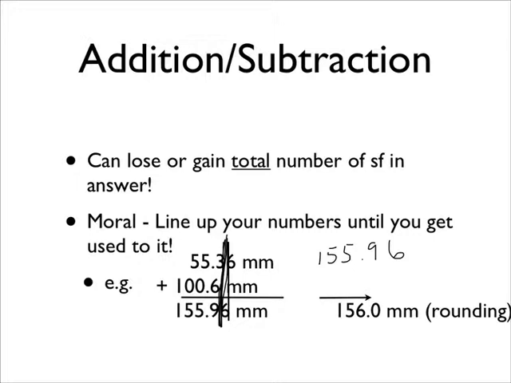Now, when we round that 6, what happens? Round up, the 9 becomes a 10, so it becomes a 0, and then we add 1 to our ones place, and we end up with 156.0 millimeters. That is the number of significant figures we want, and that's the correct answer.